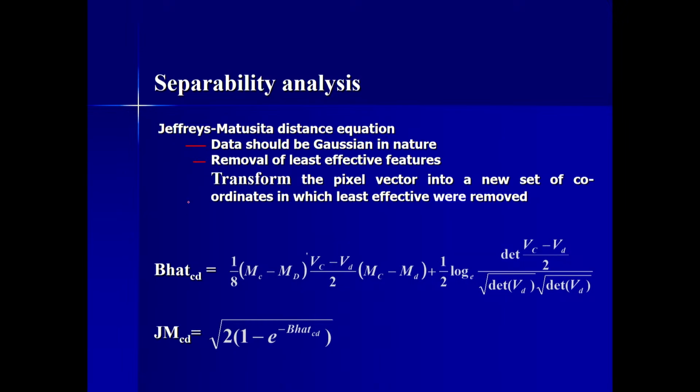So if you apply the Jeffreys-Matsushita distance, here you have to calculate the Bhatt variable, again using the mean and variance covariance of 2 classes at a time. Once you use this Bhatt parameter in this formula, you can get the Jeffreys-Matsushita distance between C and D class.